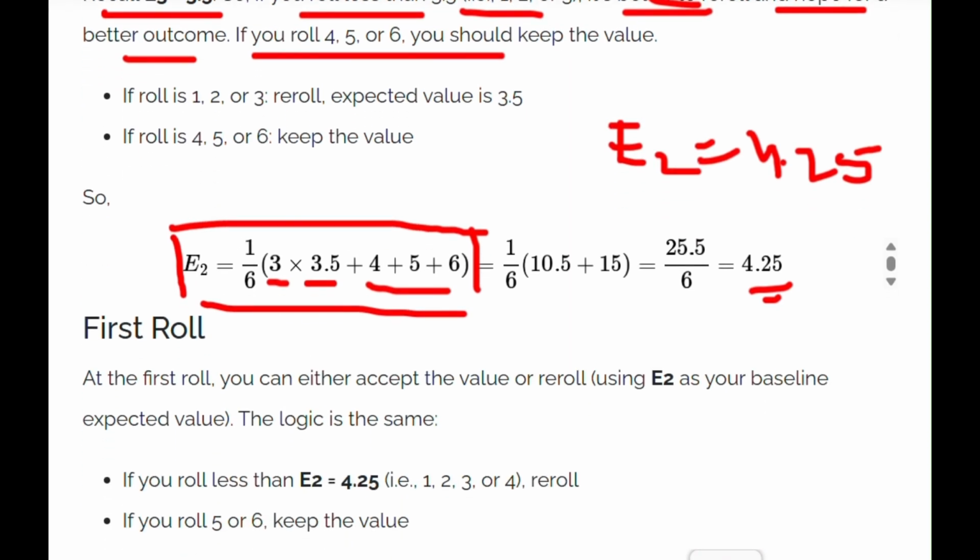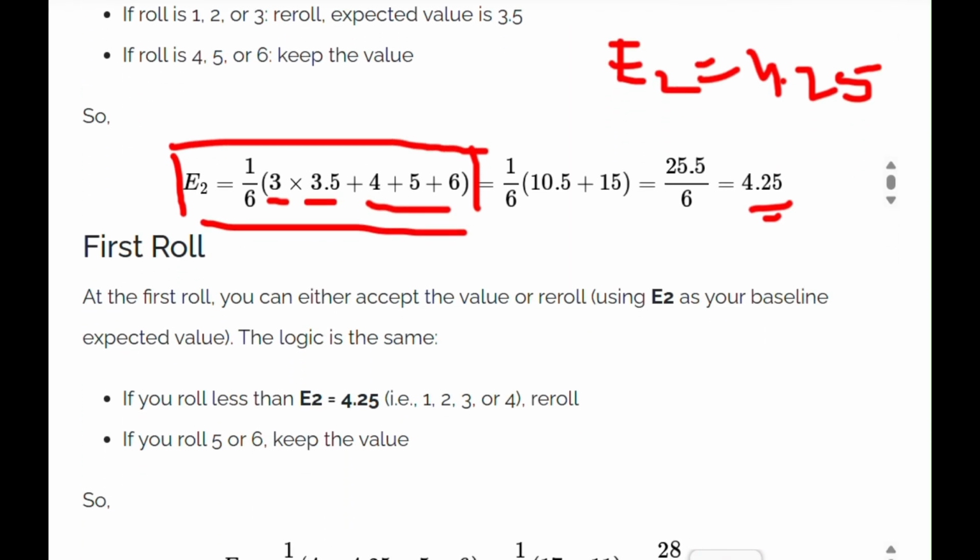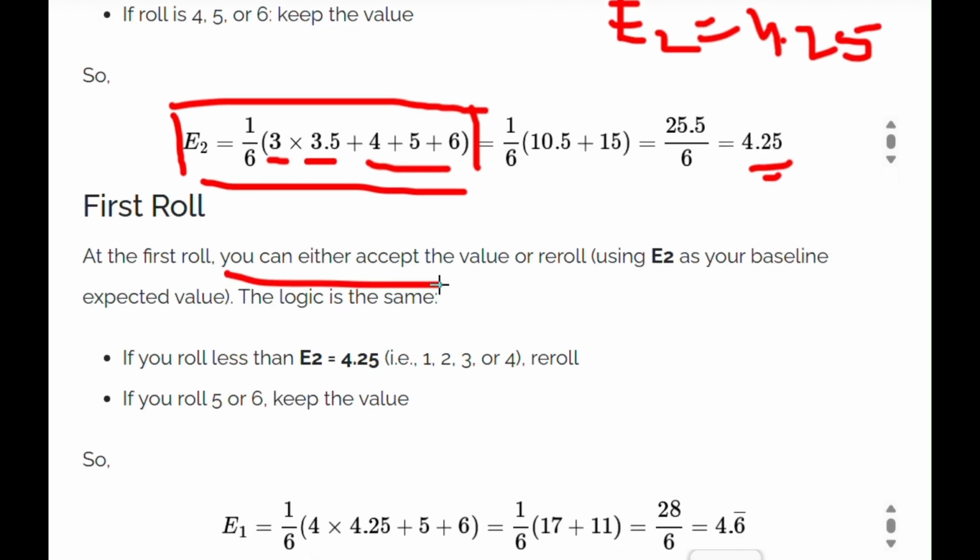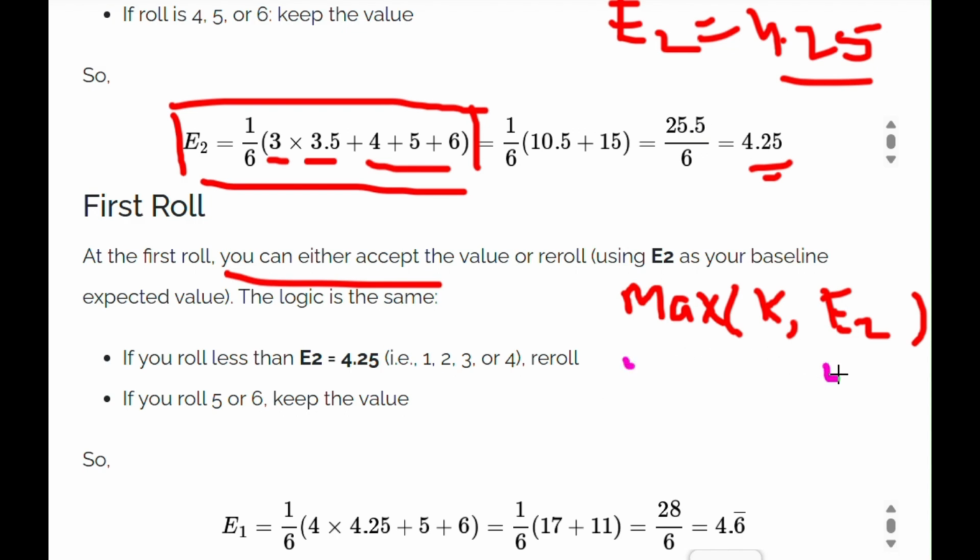Now we continue with the same approach and we come to the first roll. On the first roll, you can either accept the value or re-roll using E2 as your baseline, the expected value. The exact same approach: we have to take the max of K and E2, where E2 is 4.25. This would be a summation from K equal to 1 till 6.